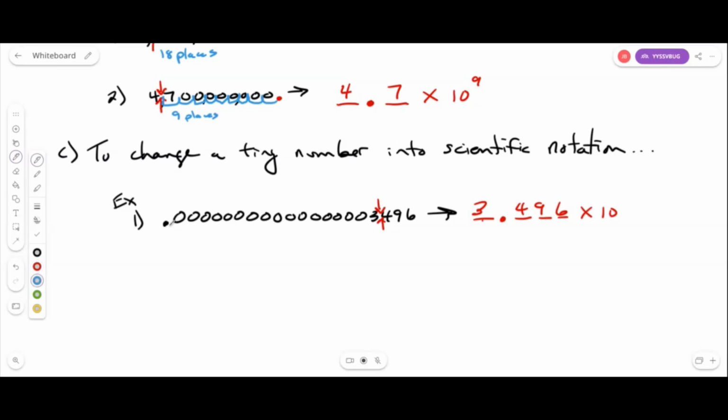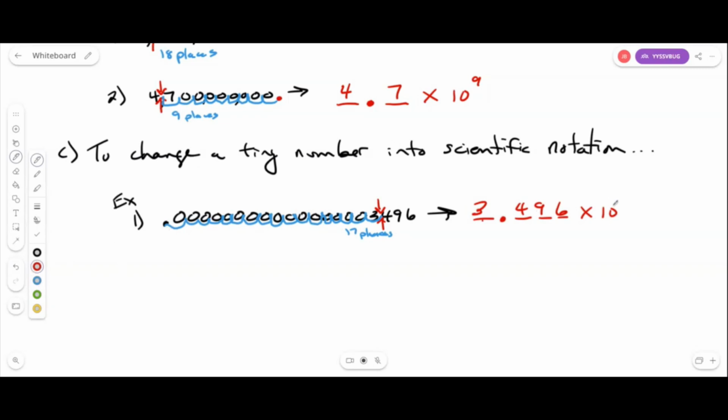Then we count how many decimal places we move to get that decimal place to the spot between the 3 and the 4. Well, it moves 1, 2, 3, 4, 5, 6, 7, 8, 9, 10, 11, 12, 13, 14, 15, 16, 17 places. 17 places to get there.